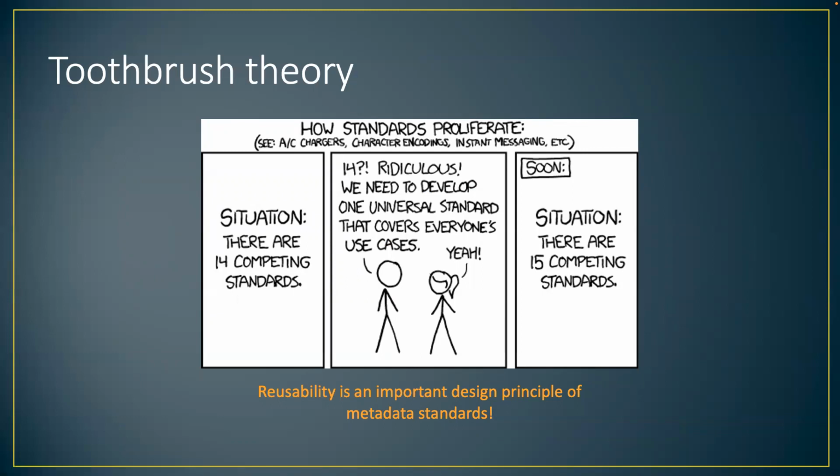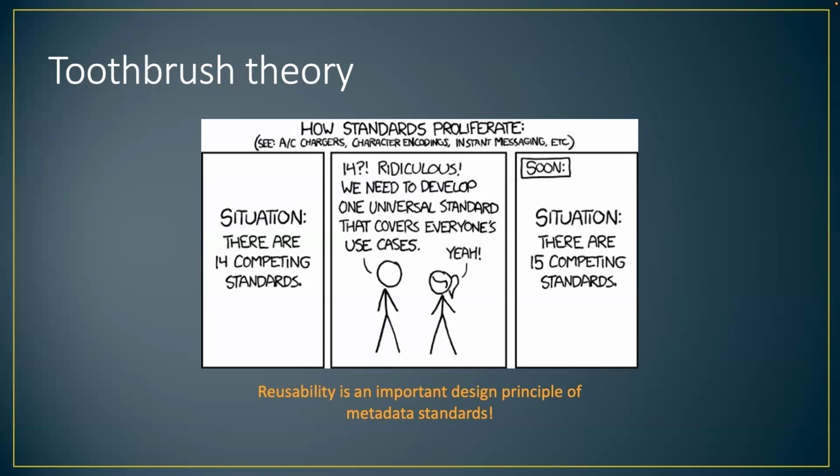And then people will say, oh, we already have so many, that's ridiculous. So we need to develop one universal standard that covers everyone's use cases and everyone's functions. So we have this one standard that rules them all. And then after the development, the situation becomes, now there are 15 competing standards. So this is basically the point of this famous toothbrush theory, which states that everyone agrees that a toothbrush is a good idea, but no one wants to use anyone else's.